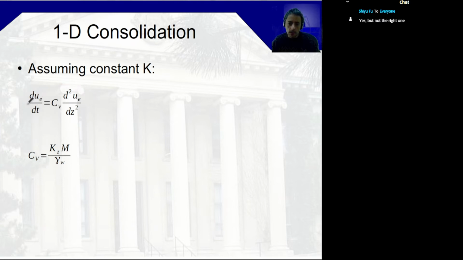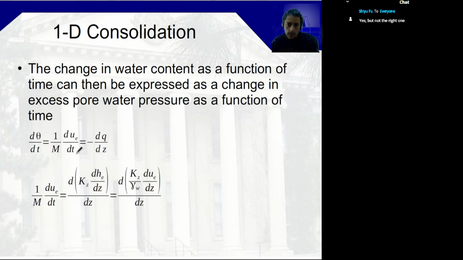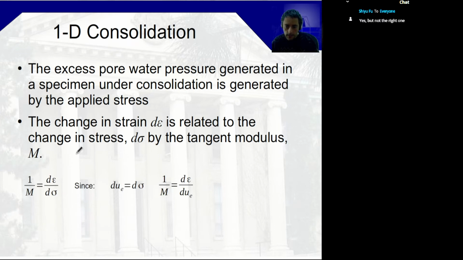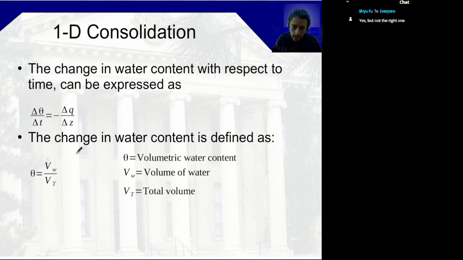So we know what the conditions will be at the boundaries, and this is the change of water content over time. Okay, I understand. So what causes the dissipation of pore pressure?